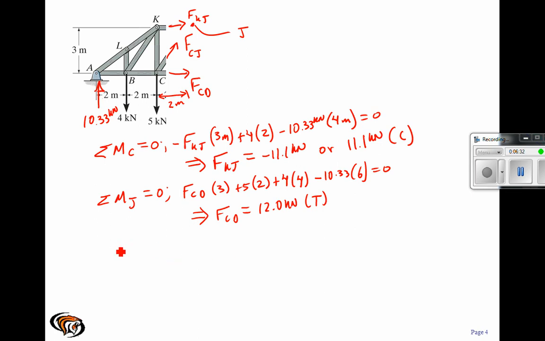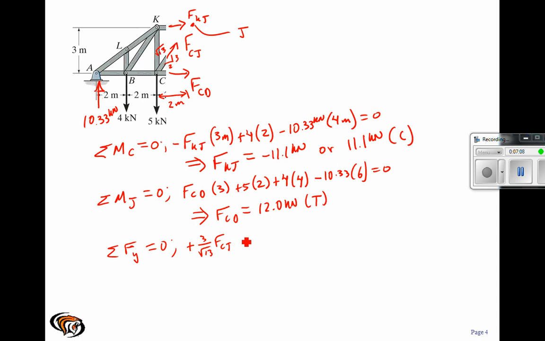The last thing we want to do is sum forces along Y, and that will be to get the force CJ. The angle that this force makes is a 2, 3, square root of 13 angle. So the component of CJ along Y is going to be positive 3 over the square root of 13 times FCJ.